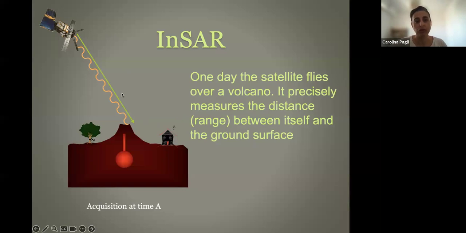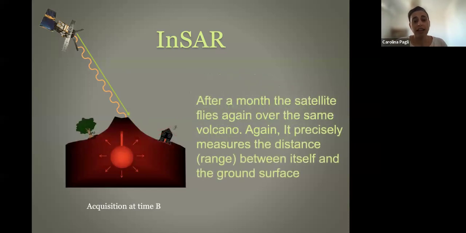The distance, in InSAR lingo, is called range, and it's the distance measured in the satellite geometry. Let's assume that after a month or some time, at time B, the satellite revisits the same area and makes the same exact measurement.